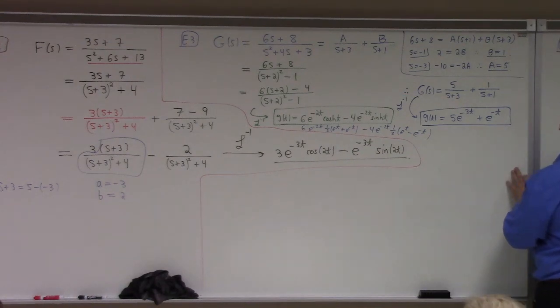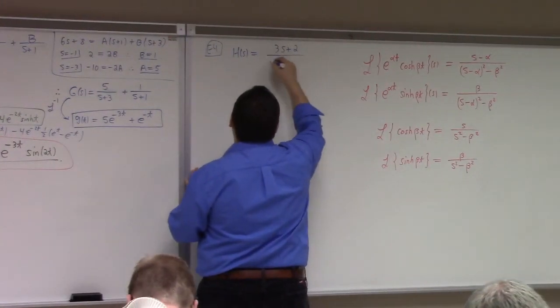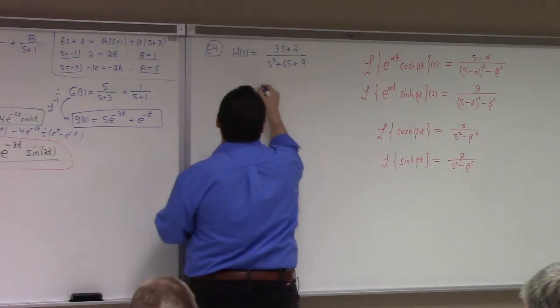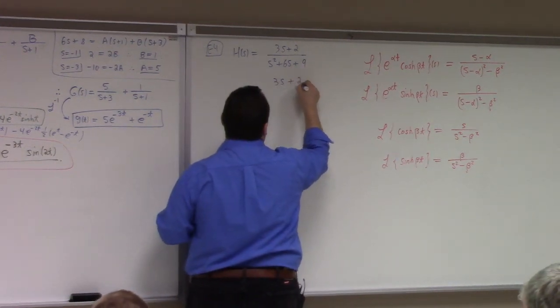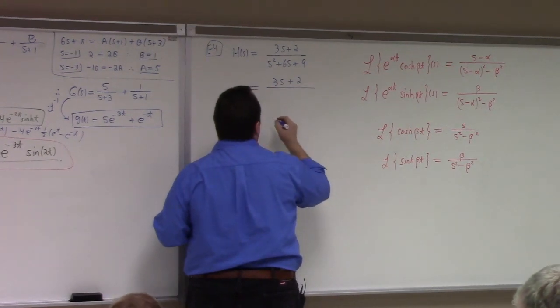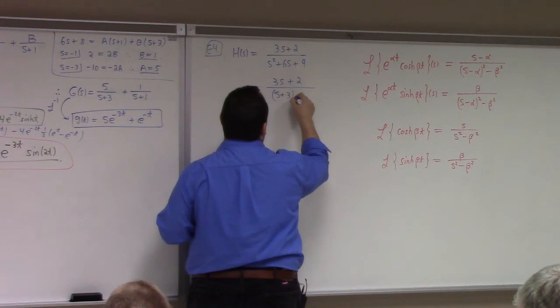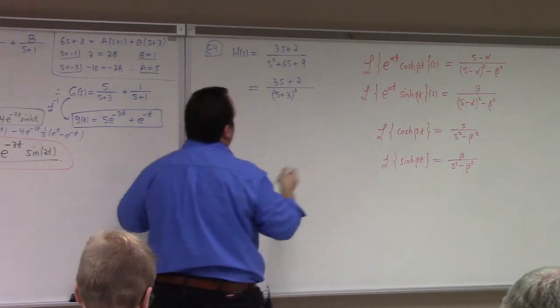What if I have h of s equals 3s plus 2 over s squared plus 6s plus 9? I complete the square on the denominator. What happens? It's already completed.